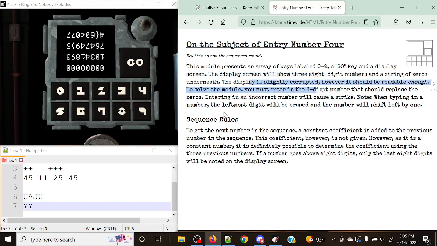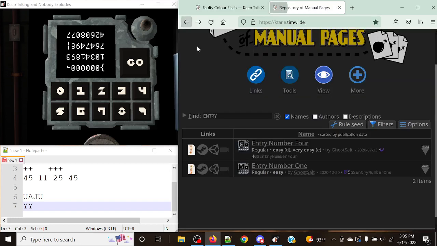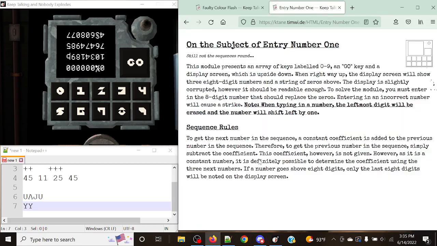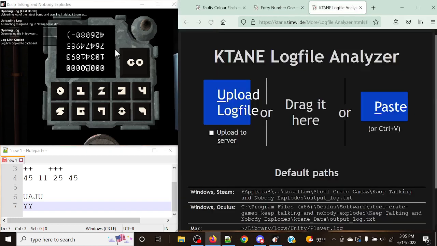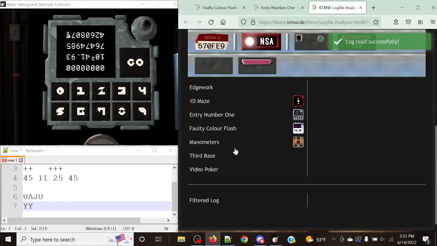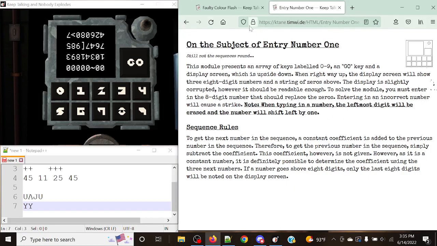Display slightly corrupted. I need to make sure of this. I'm just going to check the logging to make sure I get this right because it doesn't specifically state it in the text. They're both basically the exact same concept. I just want to make sure I get this right. It is entry number 1. Yep, I had 100 was entry number 1.